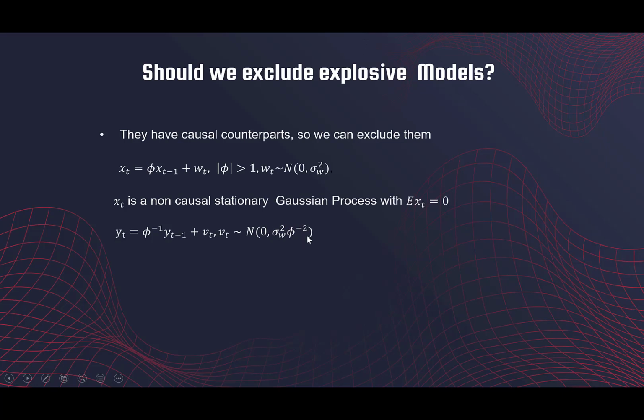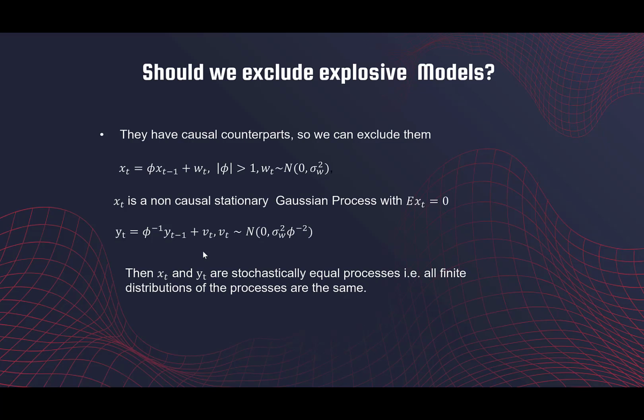The only difference is its variance is a bit different. But this is a legitimate AR1 process: yt depends on what happens one time step back, this constant is less than 1, and this is IID, normally distributed random variables. So this is an AR1 process, and it is also causal.